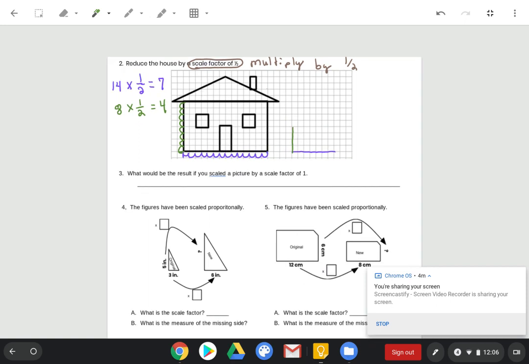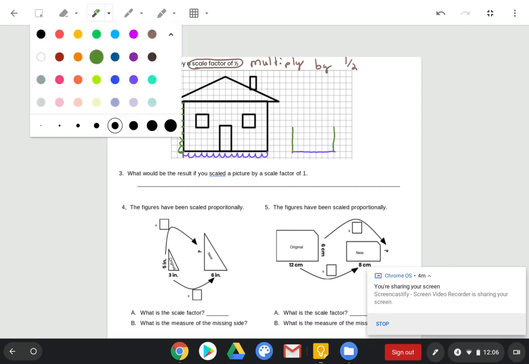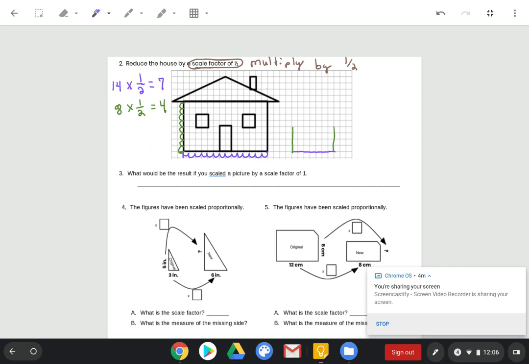I'm going to go ahead and draw in the other side. And then I'm also going to go ahead and close up the top. But we need to think a little bit more about that roof because if you look, there's an overhang. So let's look at our original picture. There's an overhang that is 1, 2 units long. So that overhang that's 2 units long, I need you to apply the scale factor to.